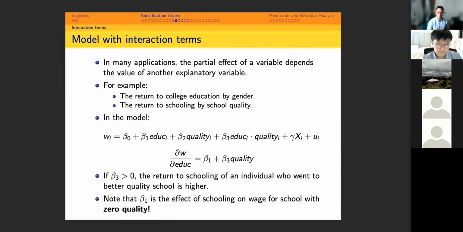However, we also see a non-negligible proportion of individuals in Indonesia who go on to college, to university, and obtain a university or college diploma. So what we want to know is whether or not there is a financial return in getting this college education. Why is this quite important?